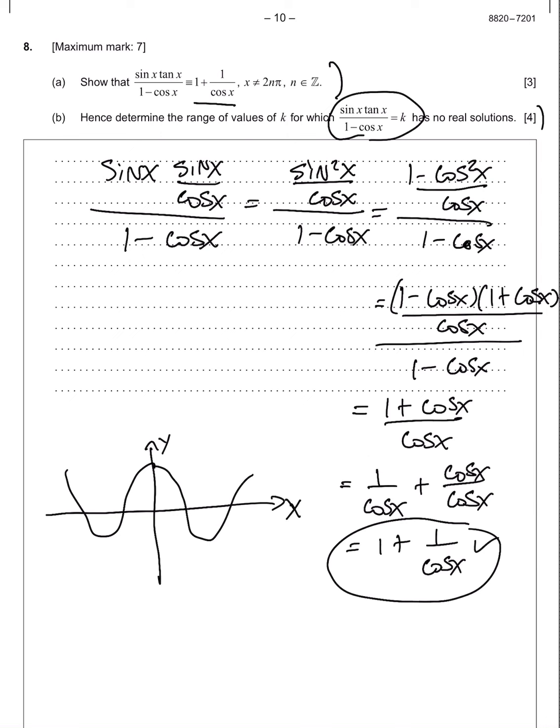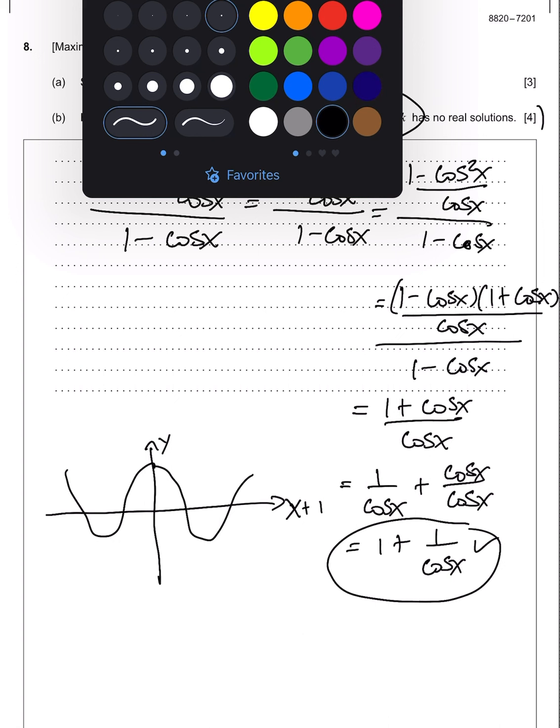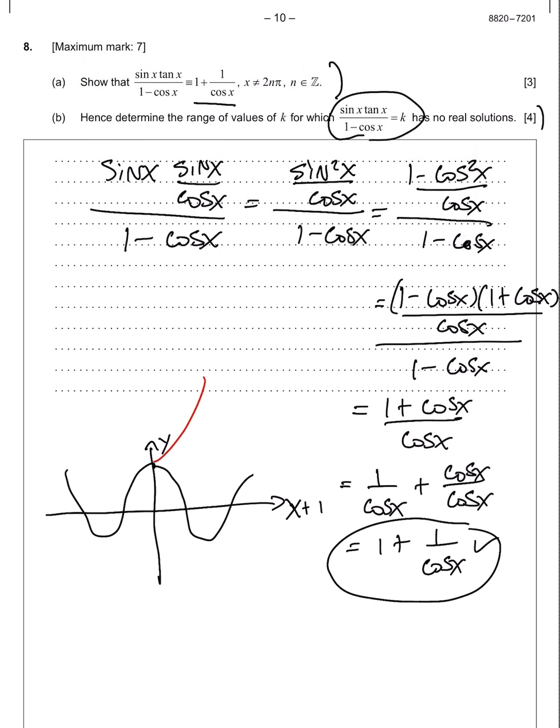So this now is secant x plus 1. And if we remember the graph of secant, it went something along those lines. And so originally, there were no values from minus 1 to 1.